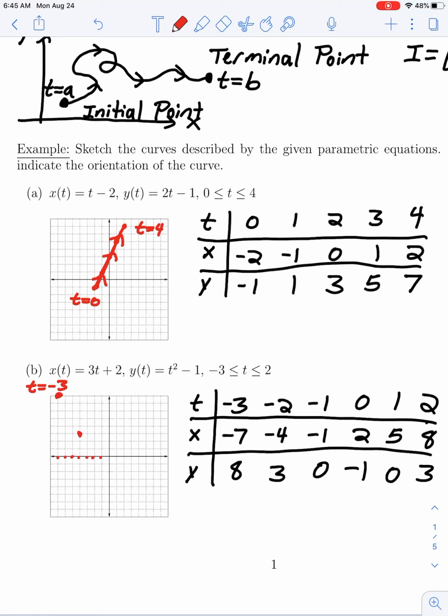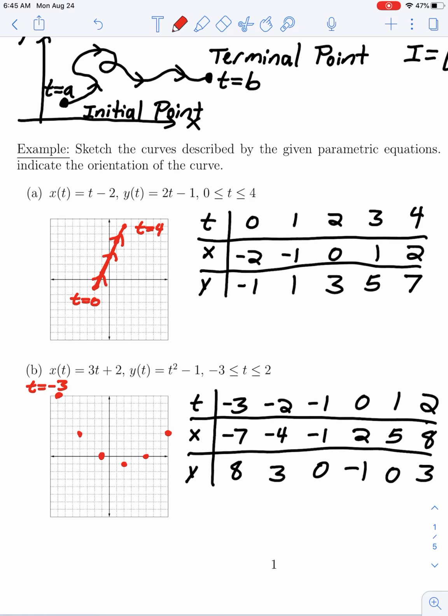When t was -1, we had the point (-1, 0). Let me clean up my earlier work. When t is 0, we had the point (2, -1). When t was 1, we had the point (5, 0). And when t was 2, we had the point (8, 3). All right.